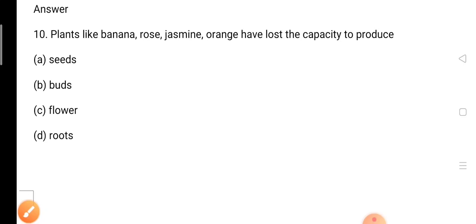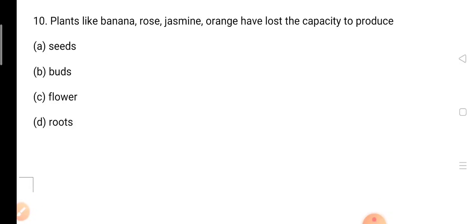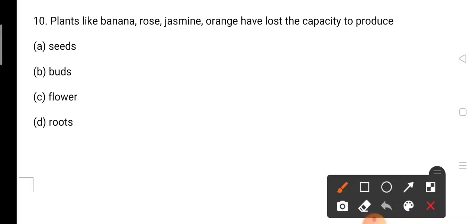Now the next question, the plants like banana, rose, jasmine, orange have lost the capacity to produce. So the options are seeds, buds, flower, roots. Roots can be produced by all kinds of plants, because in the absence of roots they cannot survive. Flowers also lead to the formation of fruits. It means in all kinds of plants, flowerless plants cannot produce fruit.